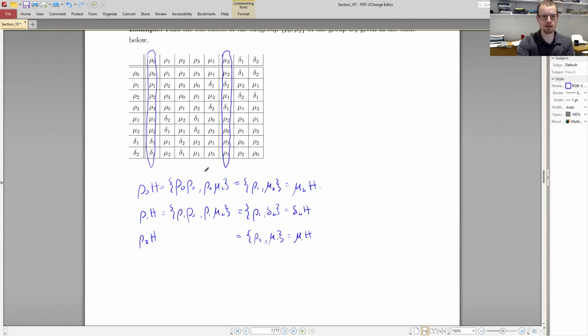Multiplying on the left by mu1 gives me mu1, rho 2. Okay, it's the same set. And then finally, rho 3. When I'm multiplying on the left by rho 3, I get rho 3 and delta 1. That's the same as multiplying on the left by delta 1, which gives me delta 1 and rho 3.